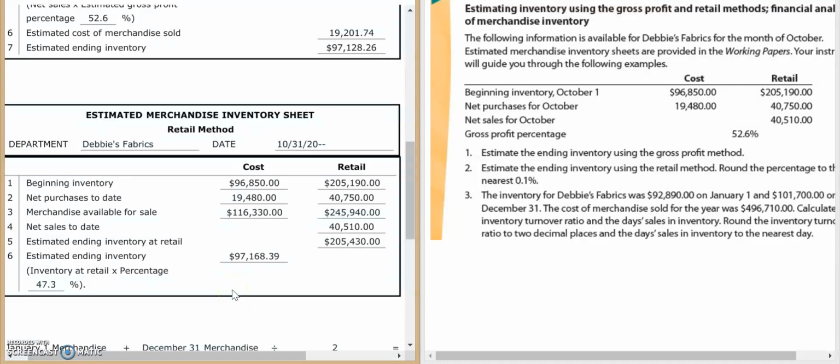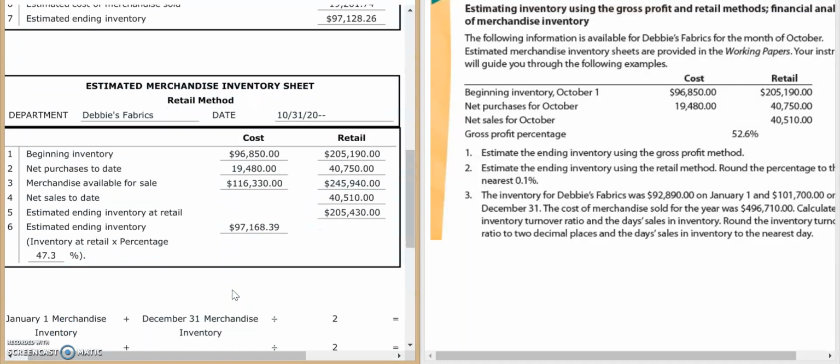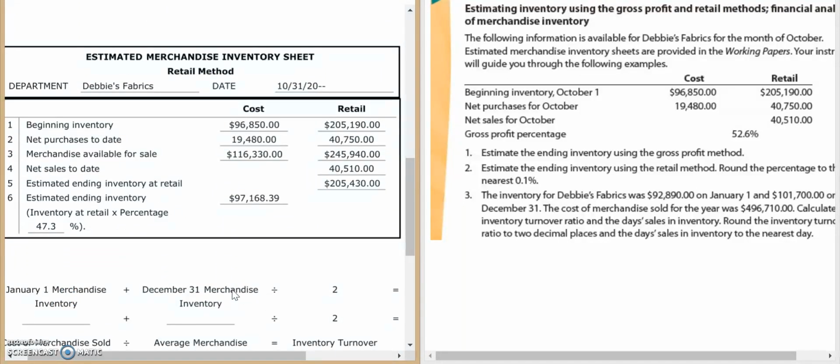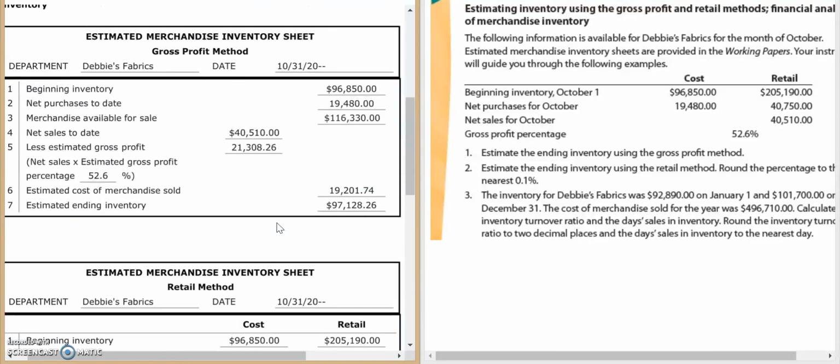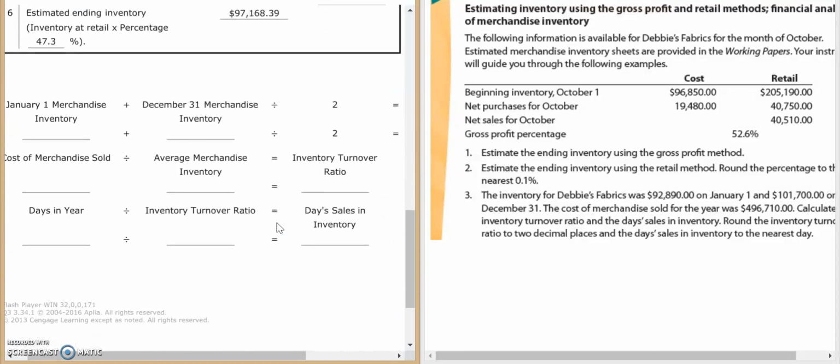So now what we want to do is scroll down and start looking at some of our financial ratios. We are going to do our first one, which is our inventory turnover ratio.